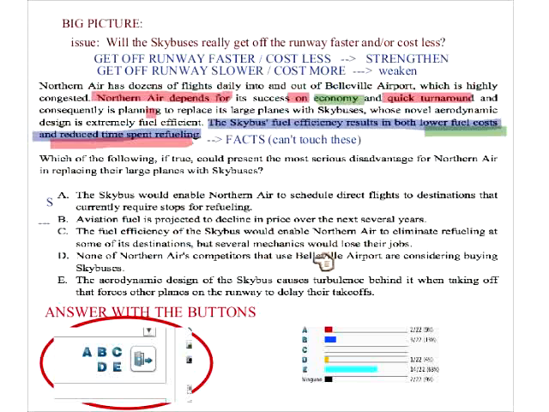The fuel efficiency will cause it to eliminate refueling. That's a strengthener. Mechanics' jobs, unfortunately, are not part of this argument. And then none of them are considering buying Skybuses. This is irrelevant because the argument is about the merits of the Skybus itself, not about whether the competitors are doing the same thing.